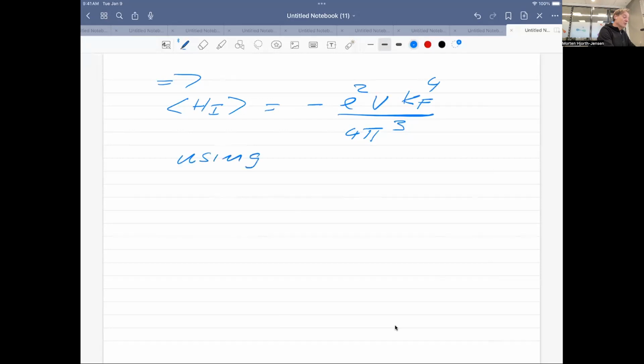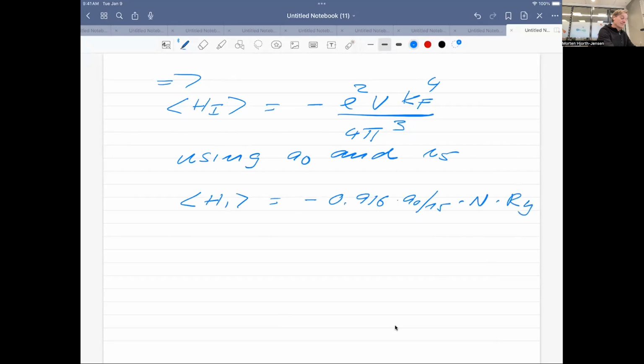So if we use this Bohr radius a0 and rs, then we can rewrite this in the same units which we had with these Rydberg units, and that becomes equal to 0.916 of a0 divided by rs, multiplied with the number of particles and multiplied with 1 Rydberg. So that's the unit which we have.